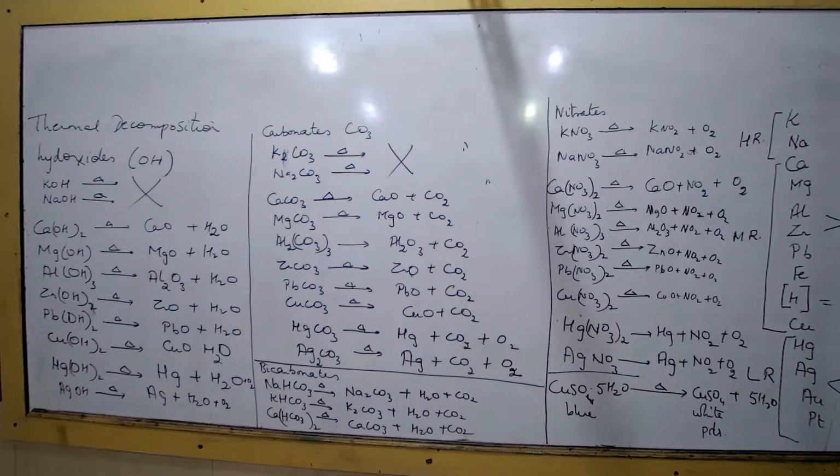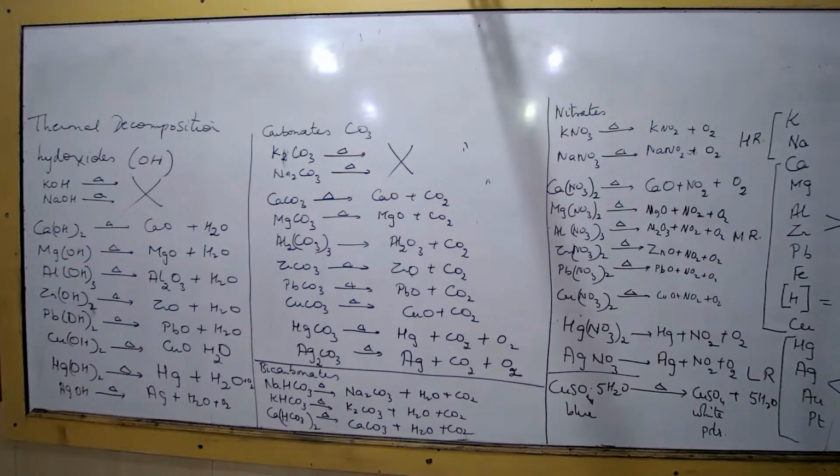No brains. Lead nitrate and zinc nitrate are white in color. When each one is heated, lead nitrate from white will become yellow lead oxide, which will remain yellow whether hot or cold.